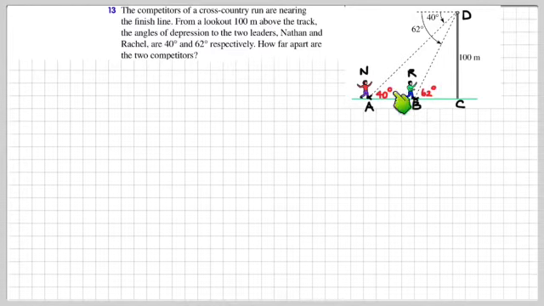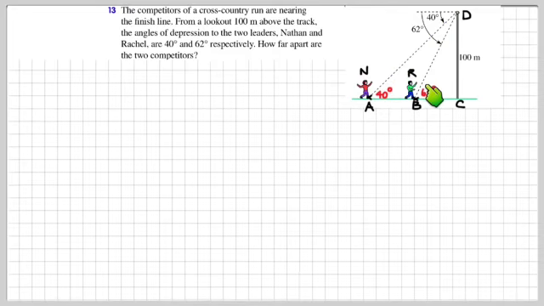Now, remember we talked before, in the preamble to these specific questions, that these alternate angles, this 40 degree angle of depression, would also equal the 40 degree angle of elevation of Nathan looking up to the person on the top of the lookout, okay?